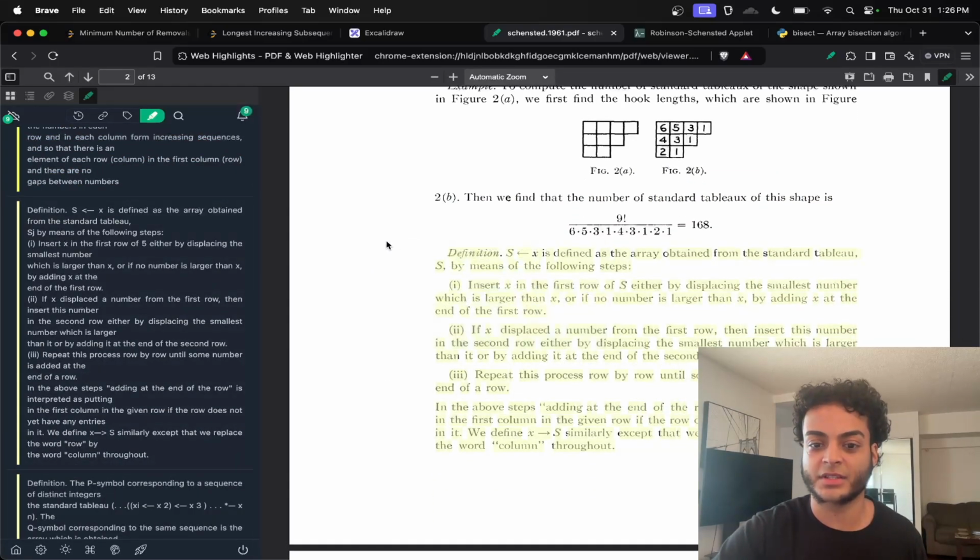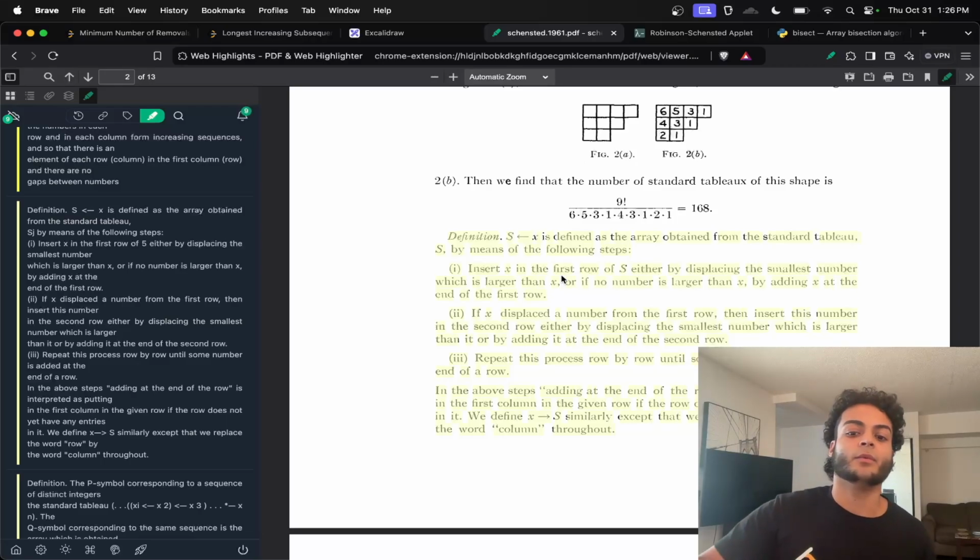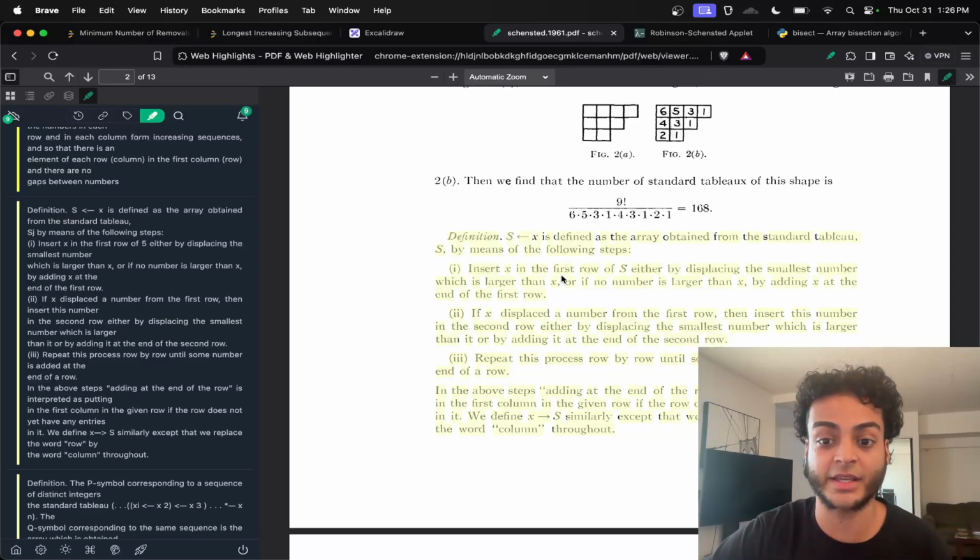Here it tells us that there's a definition Sx, which is defined as an array obtained from the standard tableau S by means of the following steps. These steps that are being described are something called Schensted's algorithm. What they allow you to do is to take a sequence of numbers and form a standard Young tableau out of them.